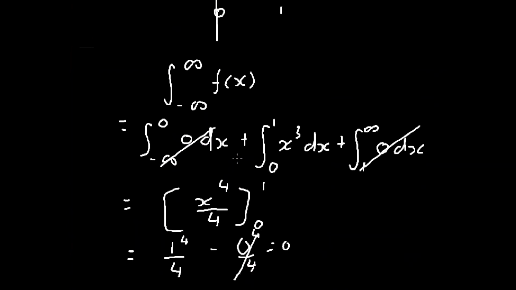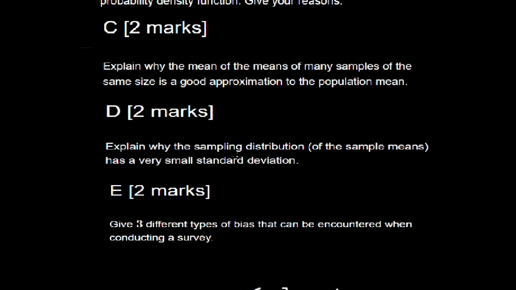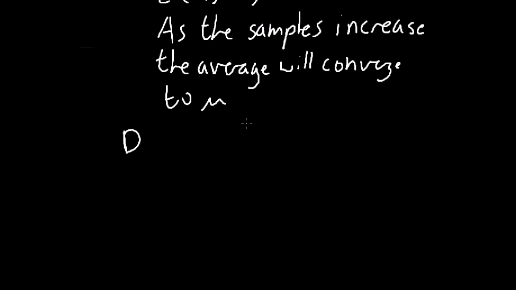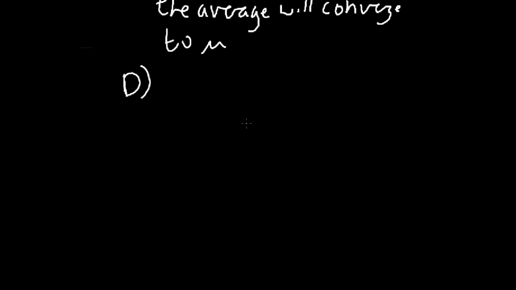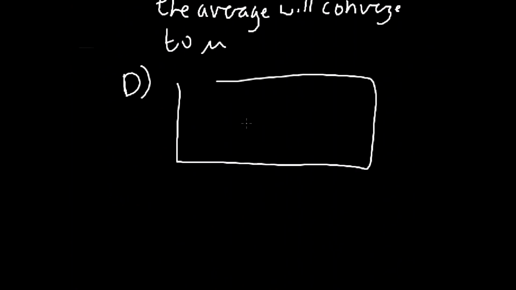Okay, and this one is asking us, explain why the sampling distribution of the sample means has a very small standard deviation. So let's go back to our box. We're going to use some maths here, but just so you can wrap your head around it.